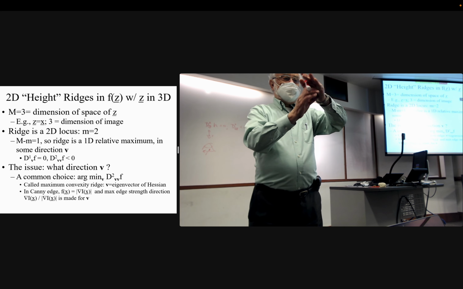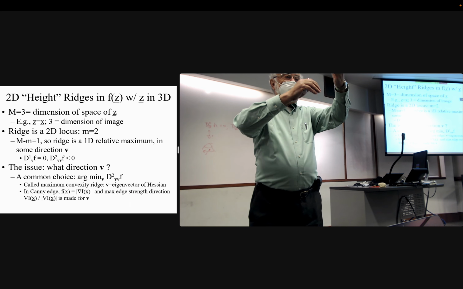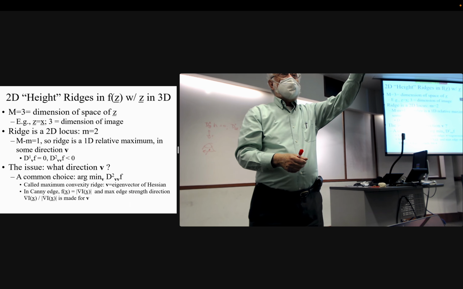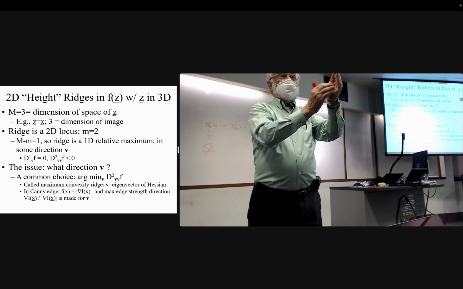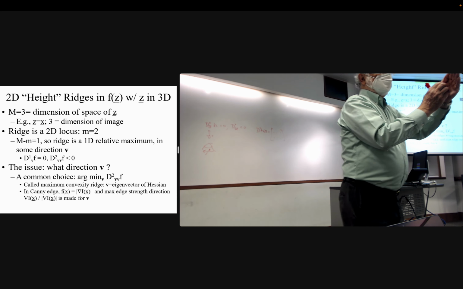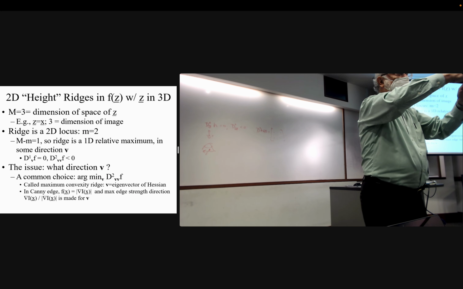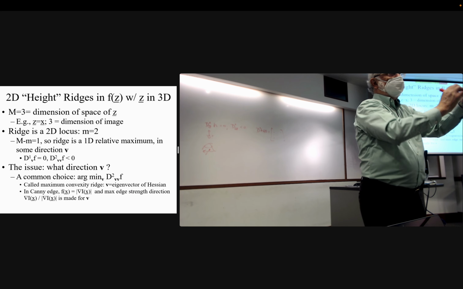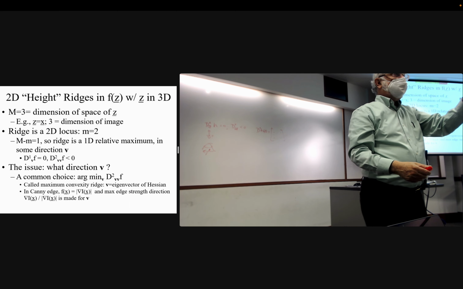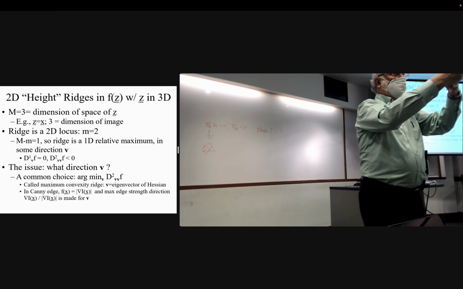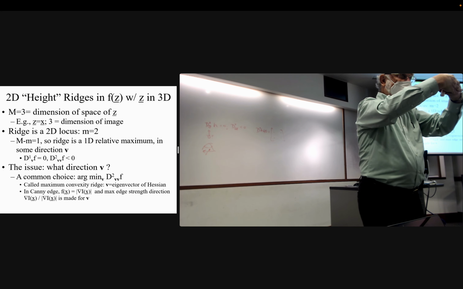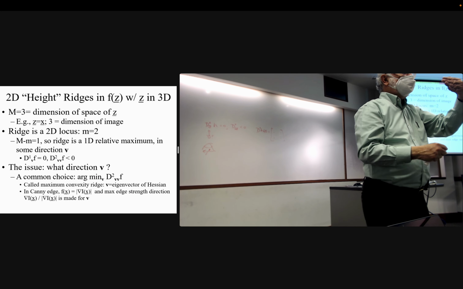Now we're interested in the surface of, so I'm going to take my hand as an example. I have, let's say, high density inside my hand and low density outside my hand. And I'm looking for this surface, and the surface is 2-dimensional. At any given point on my hand, there's a plane, which is tangent, that's 2-dimensional.